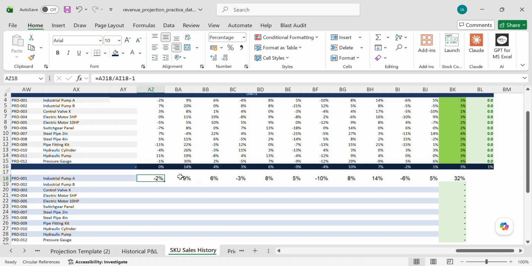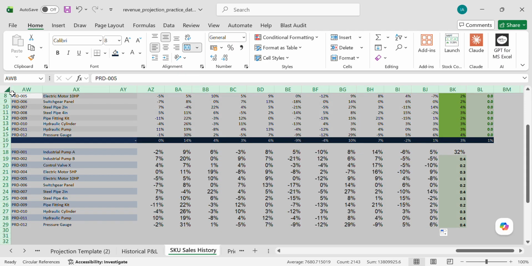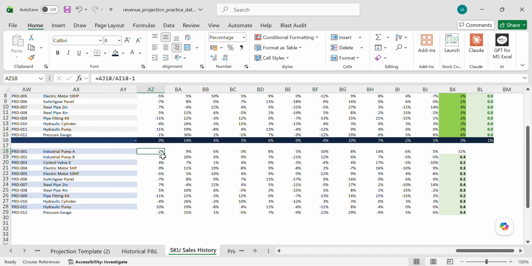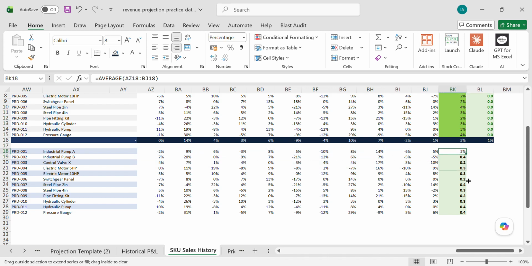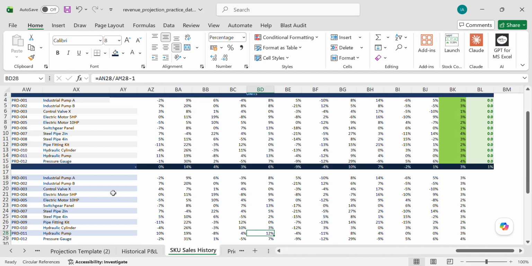So drag this one down here. Alright, so you can take this one as the average. You can see that it still falls at 3%, just like what we have here. Right. So okay, let's go.